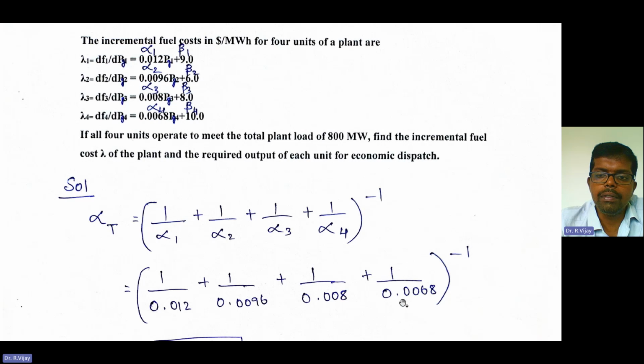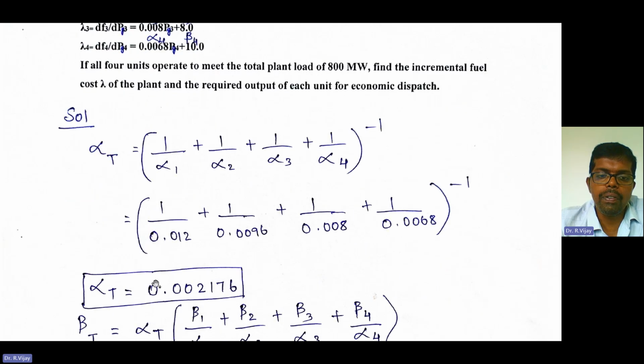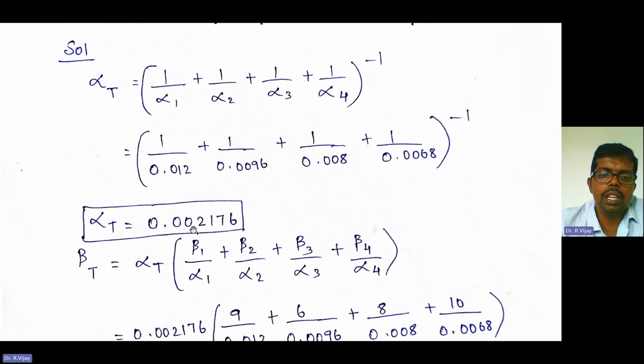Take your scientific calculator, simplify it. You'll get the value as 2.176 into 10 to the power of minus 3, so simplifying, you'll get 0.002176.